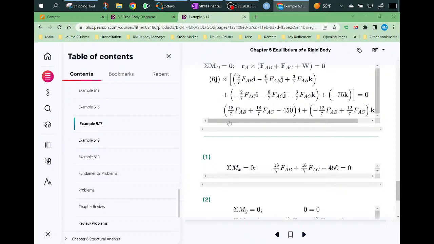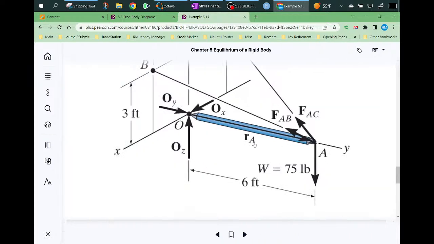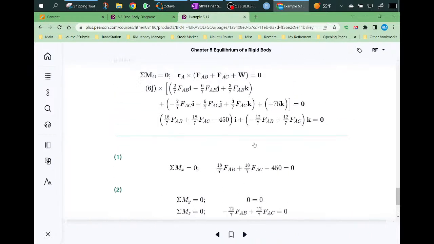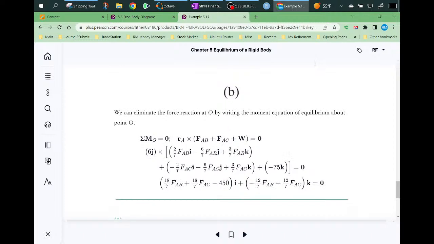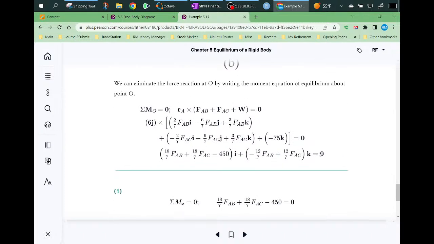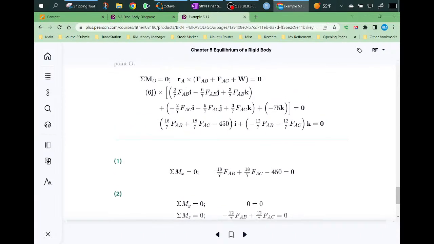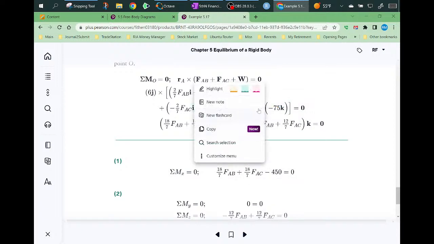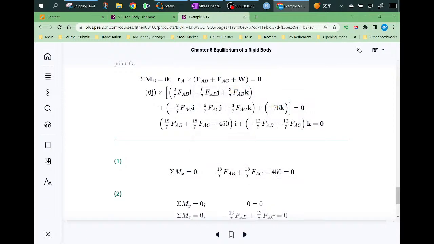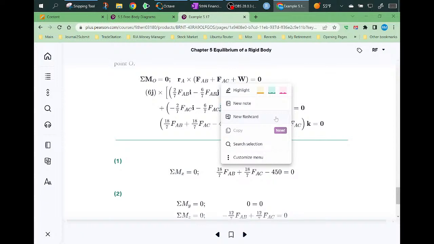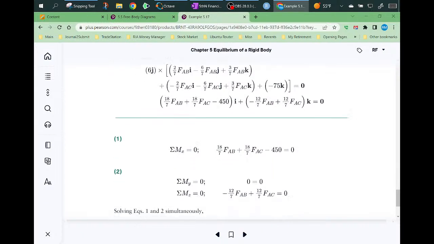Let's see if I can move that out of the way. Whoops. Oh, here we go. We end up with this. When you're doing this R cross F, you have embedded in here three specific equations: one that has an I on the term, one that has the J on the term, and one that has the K on the term.